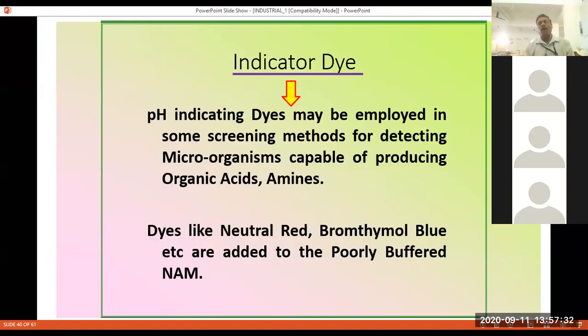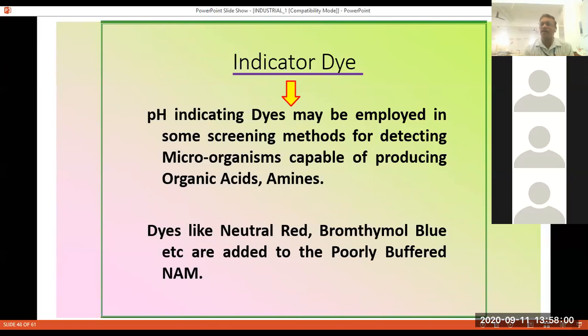Okay, now another technique is the production of acid or base. How do you identify whether your microorganism, when inoculated into any basic medium, either nutrient broth or nutrient agar, is producing acid or not?